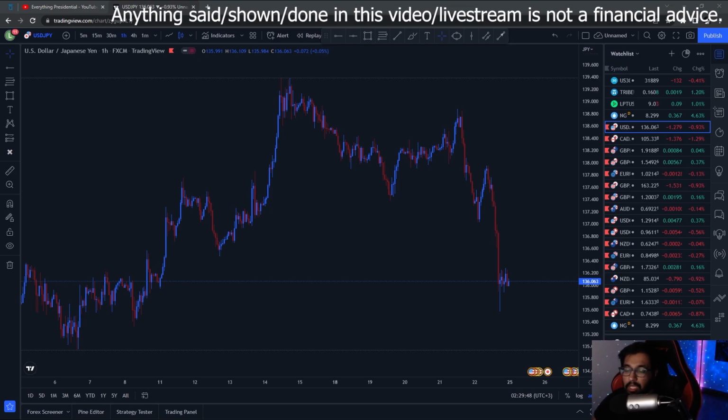That is why I call them areas of support and resistance. Whenever the market reaches these areas, it will reverse from there. So you can call them points of support and resistance, or you can call them points of reversal.